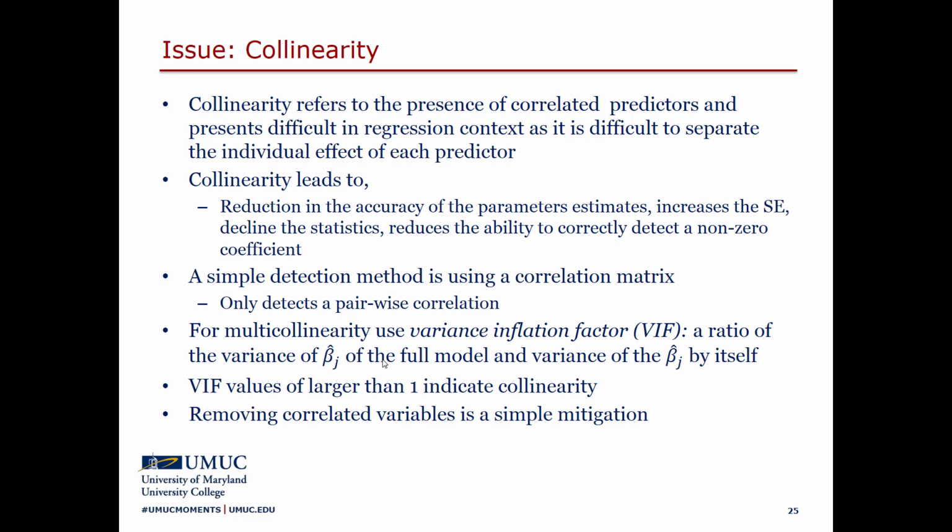But for multicollinearity, that means when there is a correlation among multiple variables, then you use the variance inflation factor, and you take the ratio of the variance of the estimator from the full model over the variance of just that estimated parameter. And a large value indicates collinearity.